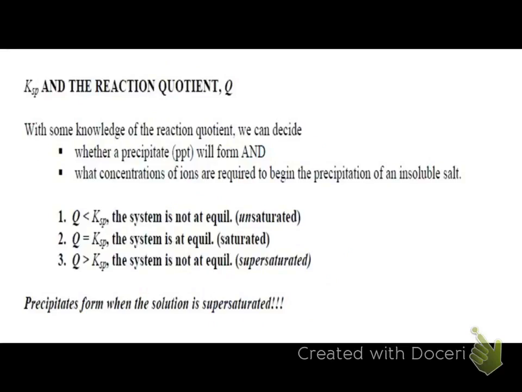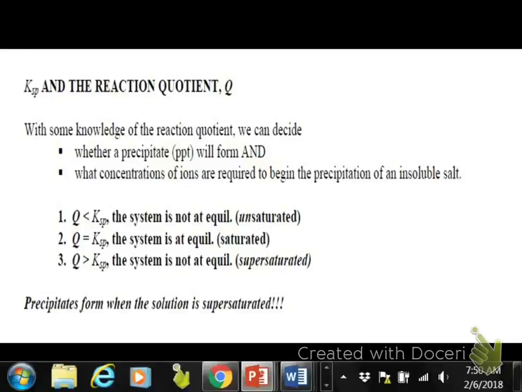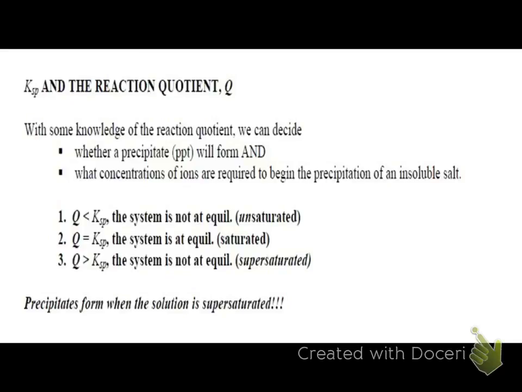Okay, so that brings us to the reaction quotient, which is calculated the same way as in the last chapter. But this time, before we said if it was greater than K, it meant it was going to shift whatever and no shift and all this. This is different. This is going to tell us whether a precipitation is going to happen.